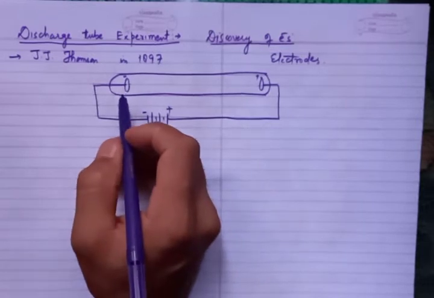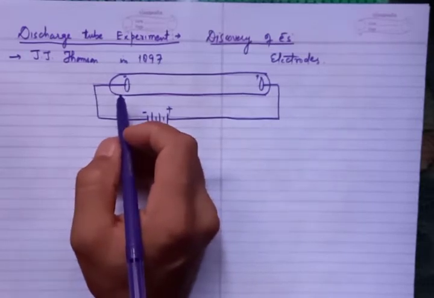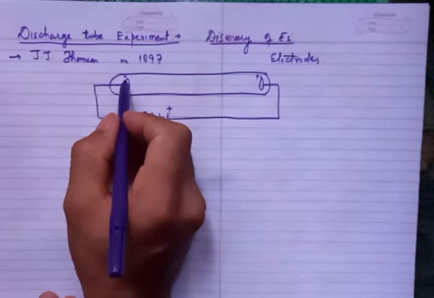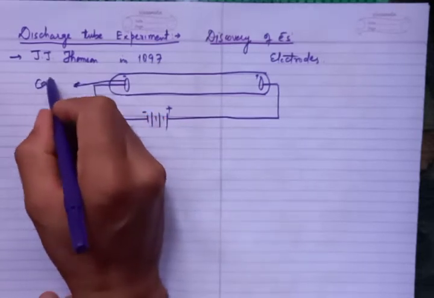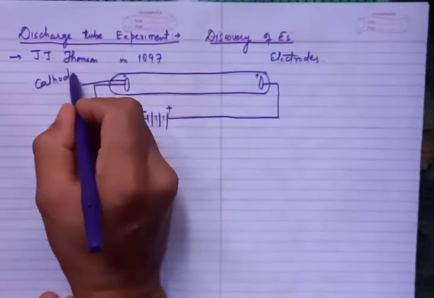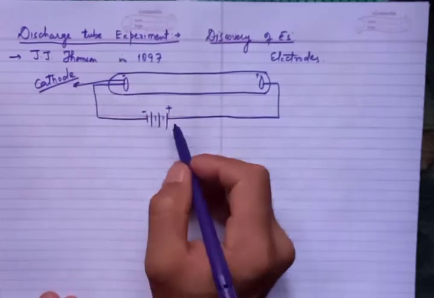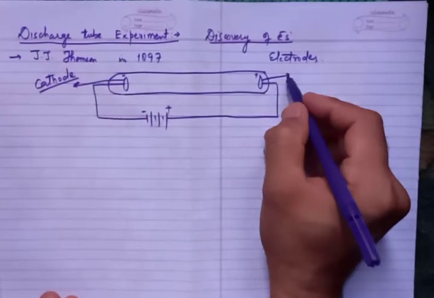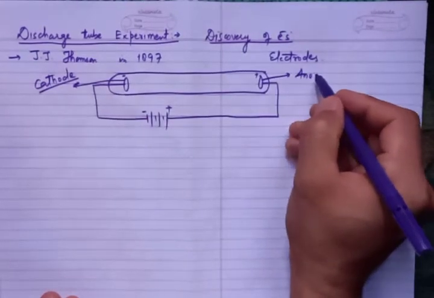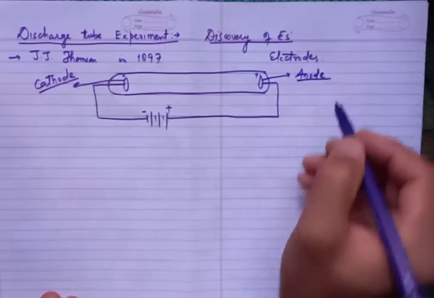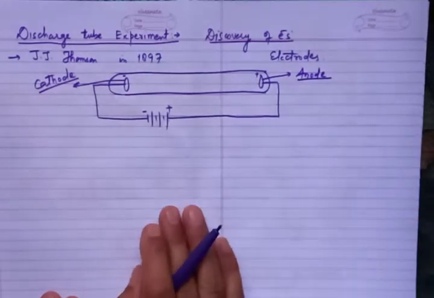The plate connected to the negative terminal of the battery is called the cathode, and the electrode connected to the positive terminal is called the anode. Together they are called electrodes.